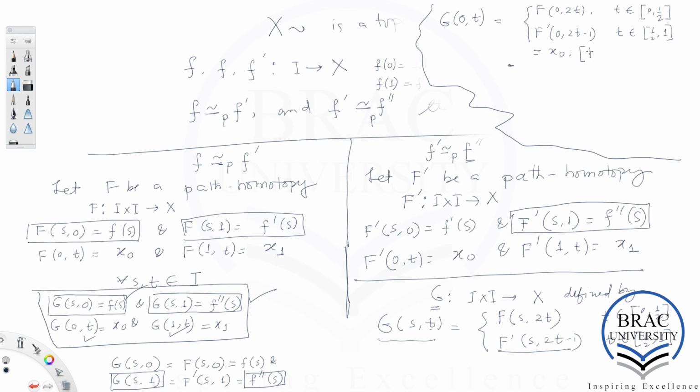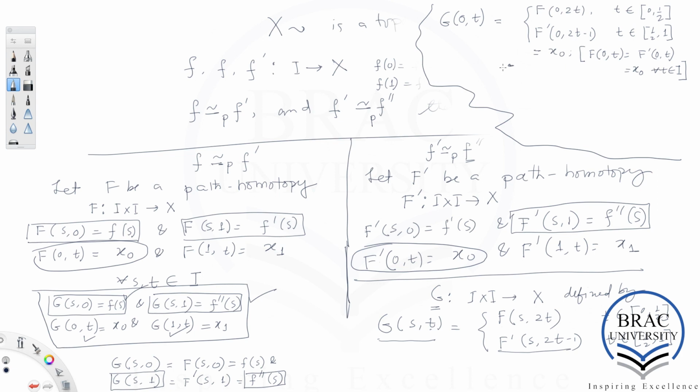Because F of 0 comma t equal to f prime of 0 comma t is equal to x0 for all t in I. So taking these two equalities here, we see that G of 0 comma t is identically equal to x0 for all t in I.